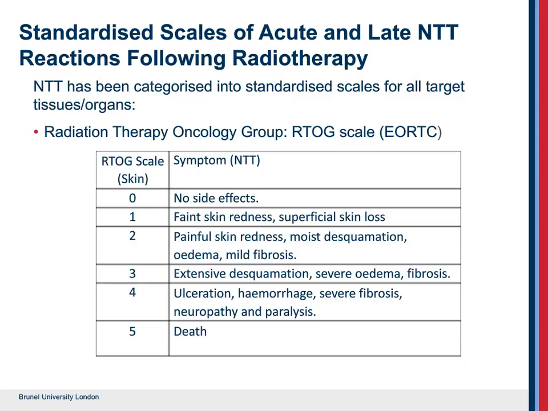And this has been a question that's been looked at over a long period of time by oncologists, and it's been standardized into scales of side effects. And here is one called the Radiotherapy and Oncology Group Scale, and it's called NTT, and what we mean by that is normal tissue toxicity. So this can start at 0, classification 0, with no side effects, right through to group number 5, which is the case where, when you have treatment such as radiotherapy, it can result in death.